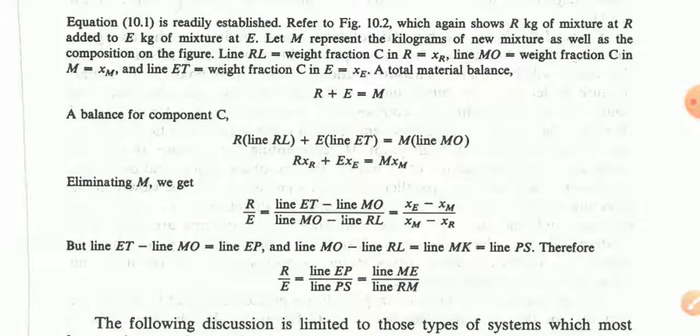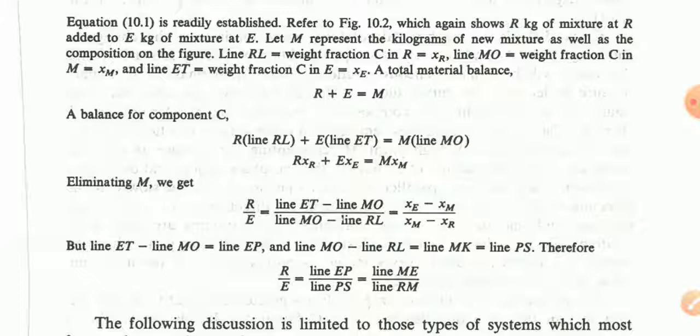For equation 10.1, to establish it refer to figure 10.2, which again shows R kg of mixture at R added to E kg of mixture at E. Let M represent the kilograms of the new mixture, as well as its composition on the figure.